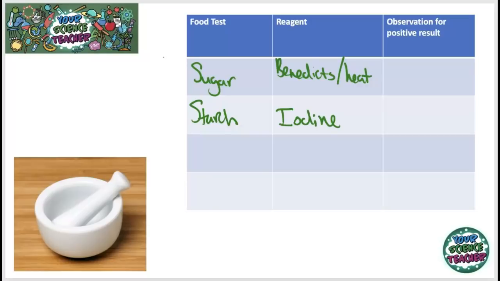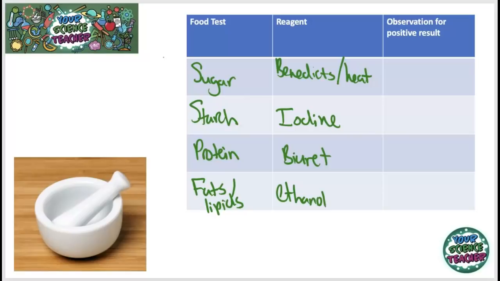After starch, we have protein, which we test for with biuret solution. And then finally, we have fats, lipids, and what we do is we add ethanol and water.